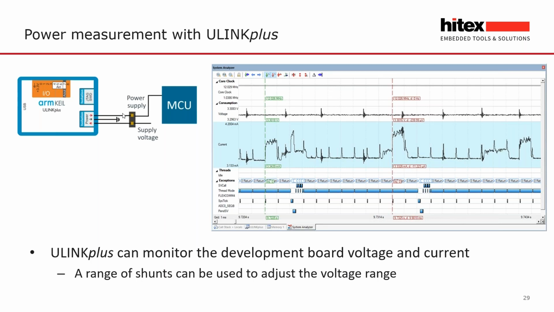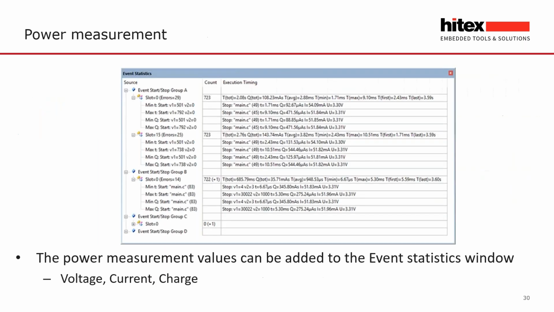So this can be, again, very useful, obviously, if you're developing low power applications, but it has been used to demonstrate or show sort of weaknesses in hardware as well. So again, it's useful in multiple ways. Once we've started to record that information, we can also add it to the event statistics view as well.